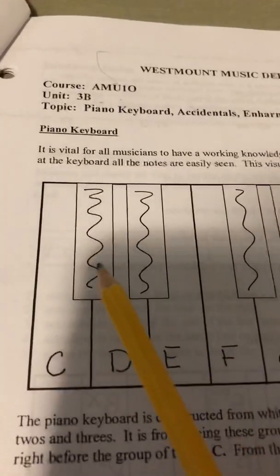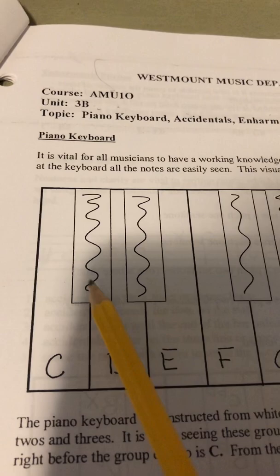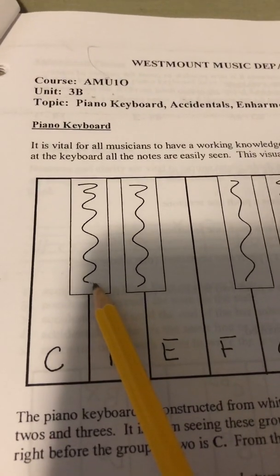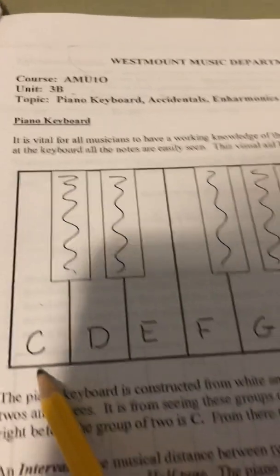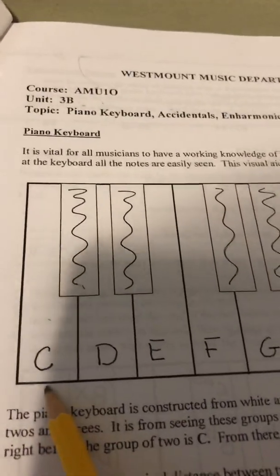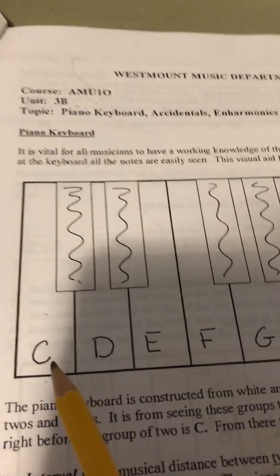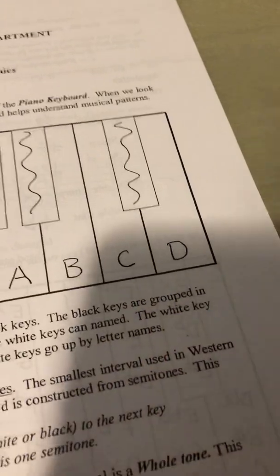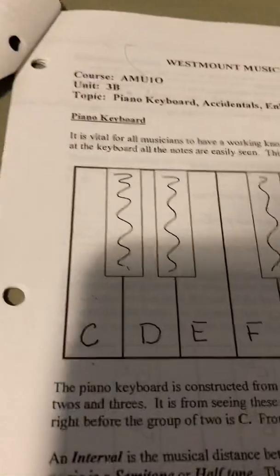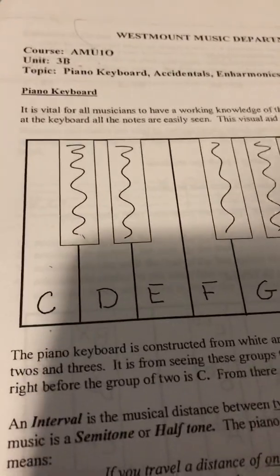If you have a group of 2 black notes, the white note always to the left of that black note is going to be a C. And then you just use your musical alphabet to label the white notes. C, D, E, F, G, A, B, C. And then the musical alphabet just repeats for the whole entire piano, as you know from the last lesson, okay?